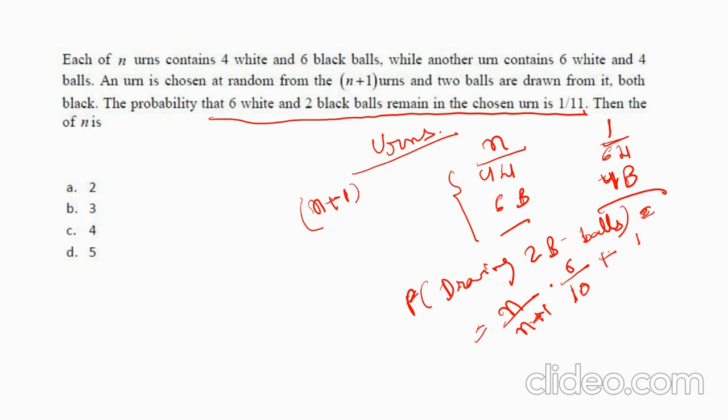Here it will be 1 upon n plus 1, and choosing a black ball will be 4 upon 10. So it will be 1 upon n plus 1 times 10, and it will be 6n plus 4, right? Is it okay?